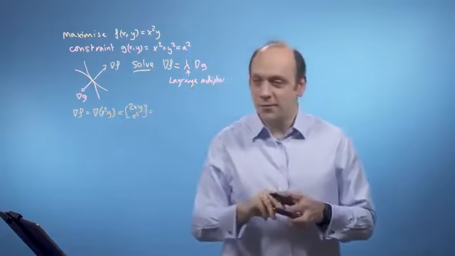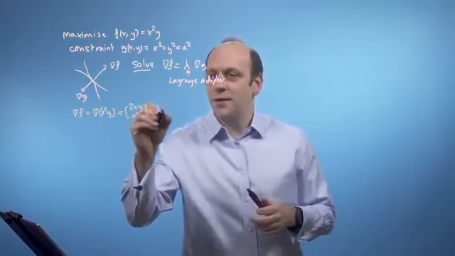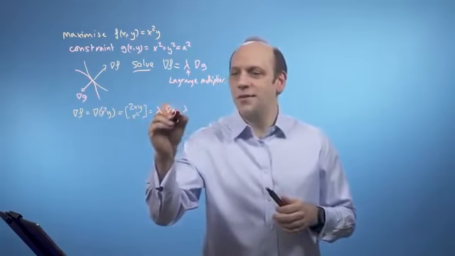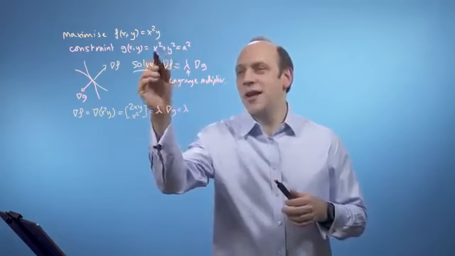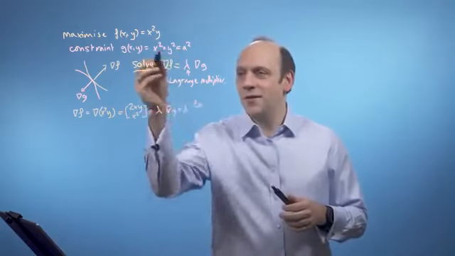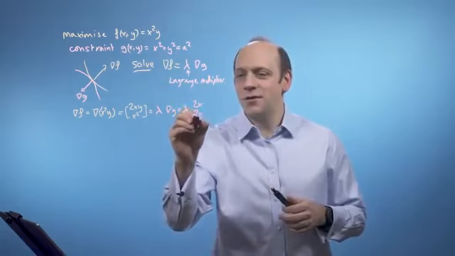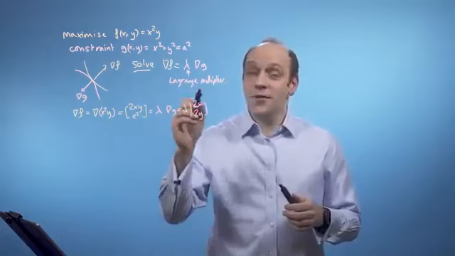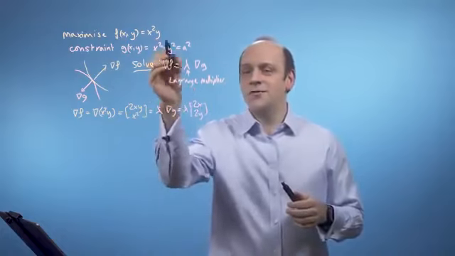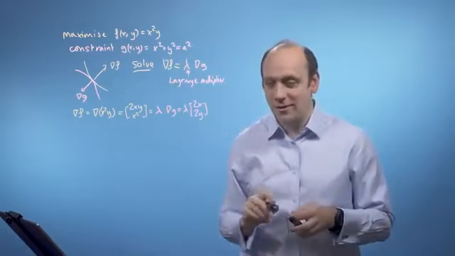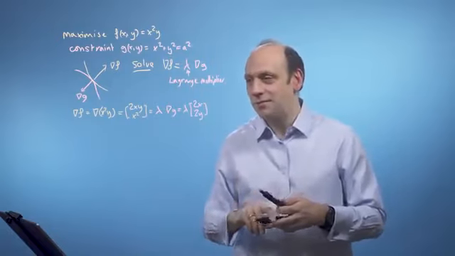And I'm saying that that's equal to lambda times grad g, which is equal to lambda times, if I differentiate g, x squared plus y squared, with respect to x, I've got 2x. And if I differentiate it with respect to y, I've got 2y. And that's giving me two equations with two unknowns. And I've got a third equation, which is the constraint equation itself that brings in the actual value of the circle I'm particularly interested in. So I've just got to solve that.